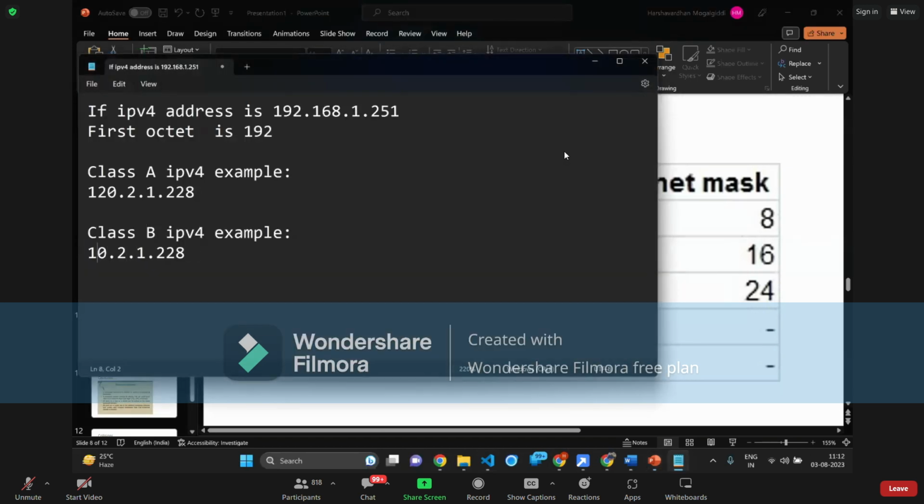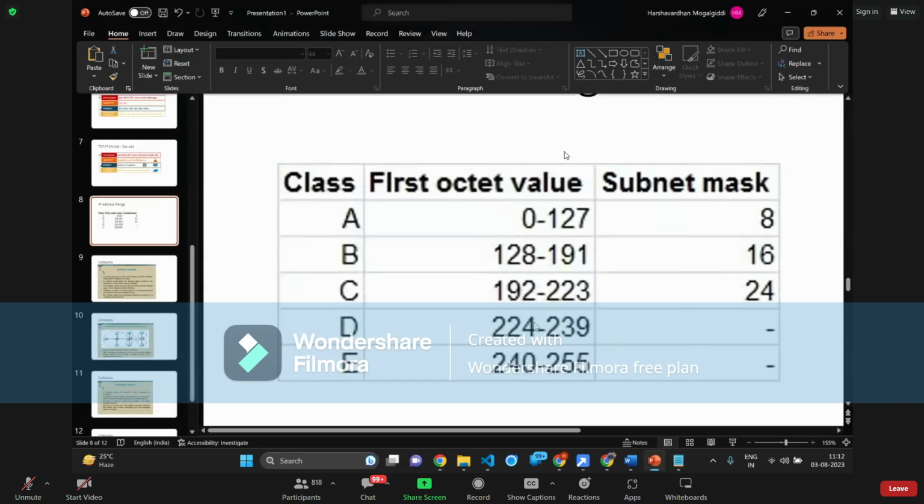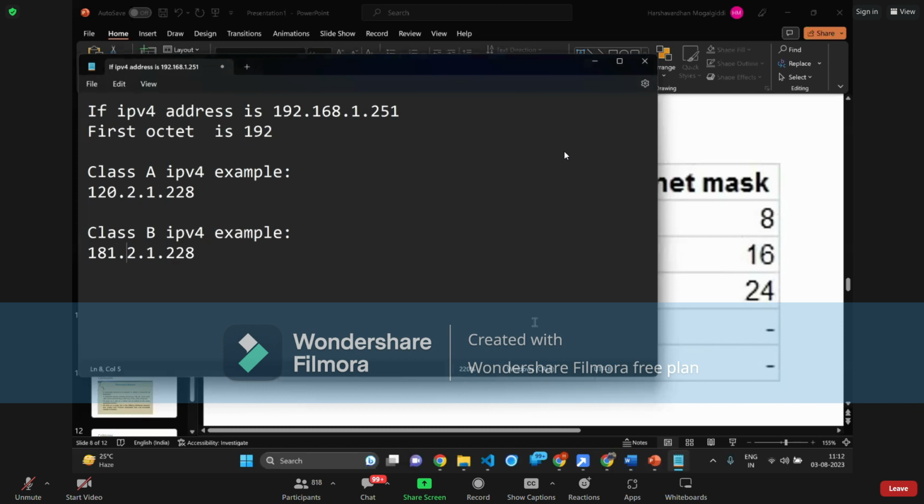So let us take 181, which falls under that category. An example of class B is 181.1.2.3.